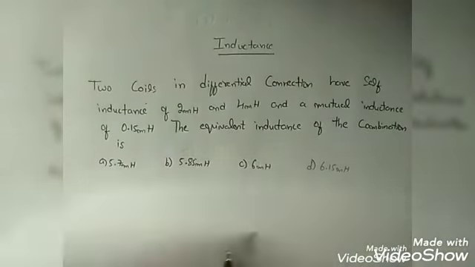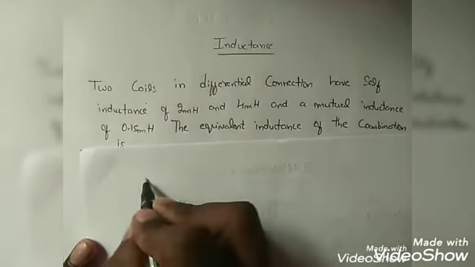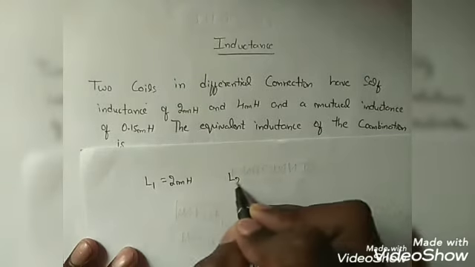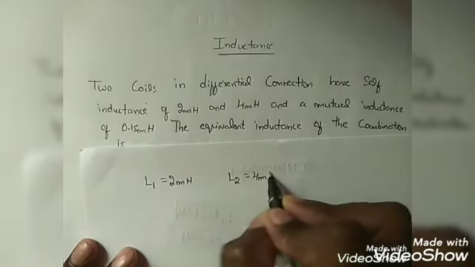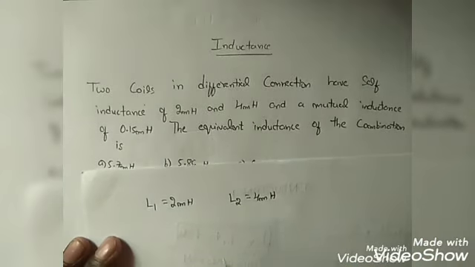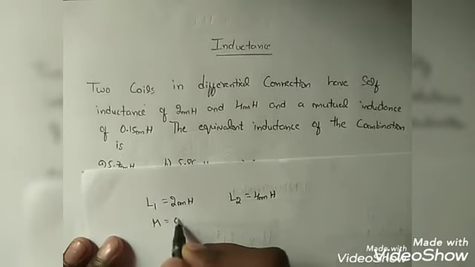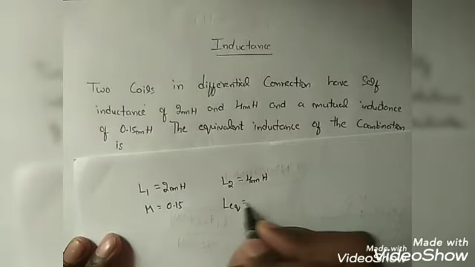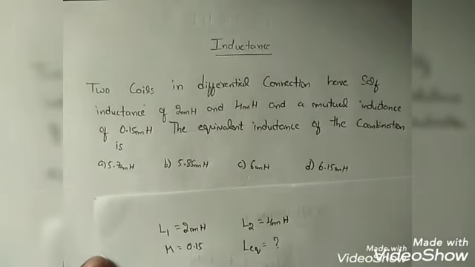Here they have given the value of L1, that is 2 millihenry, and L2, that is 4 millihenry, and the mutual inductance, and they have asked us to find L equivalent.